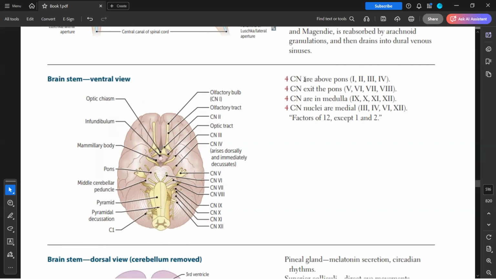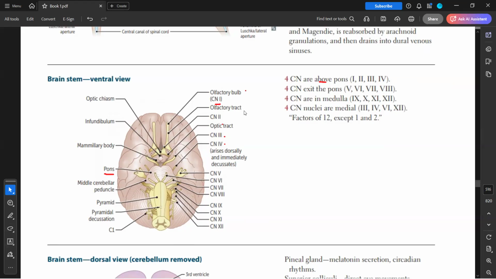So 4 cranial nerves are above the pons, which is 1, 2, 3, 4. Let's see where our pons is. Let's point it out. So this is the pons, and they say that 4 cranial nerves are above the pons. So cranial nerve 1, 2, 3, 4.